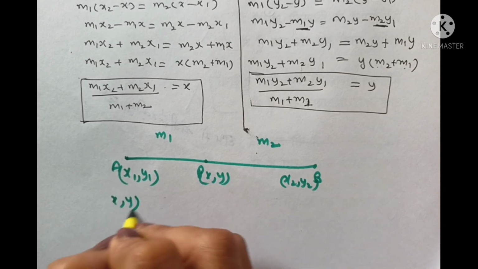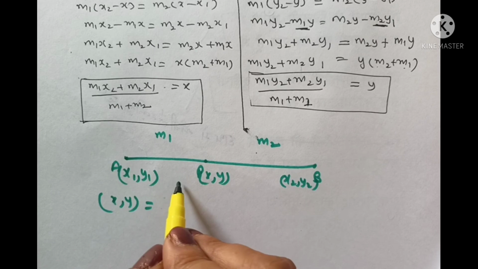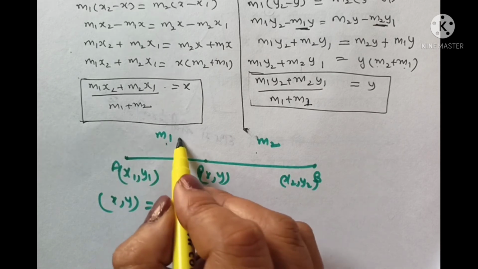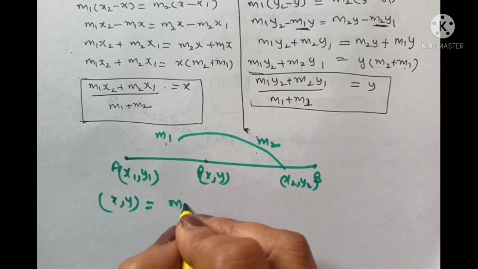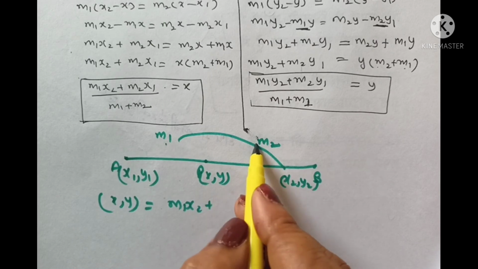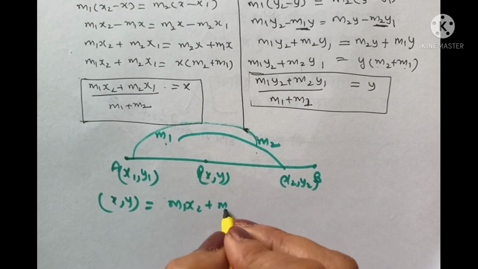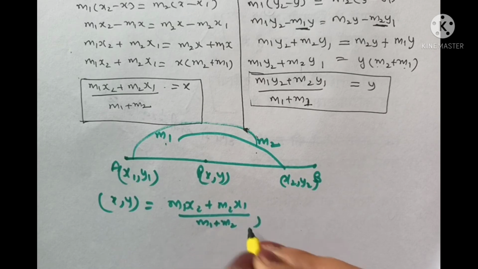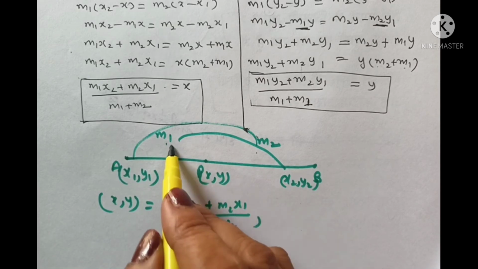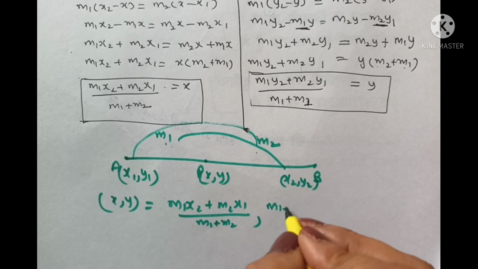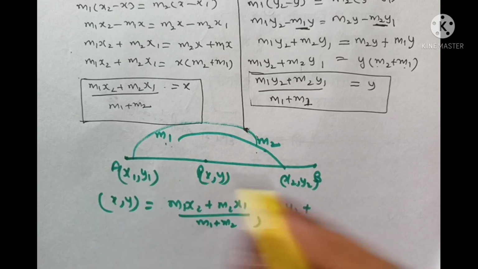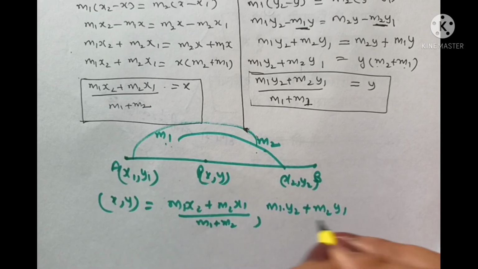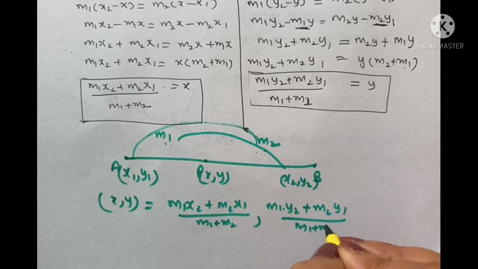So (x, y) is equal to, for x coordinate focus on x, m1 into x2 and cross multiply, m1 into x2 plus m2 into x1 divided by m1 plus m2. And in the same manner write for y, m1 into y2 plus m2 into y1 divided by m1 plus m2.